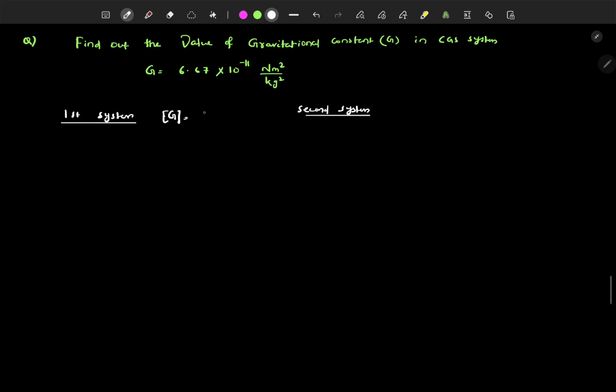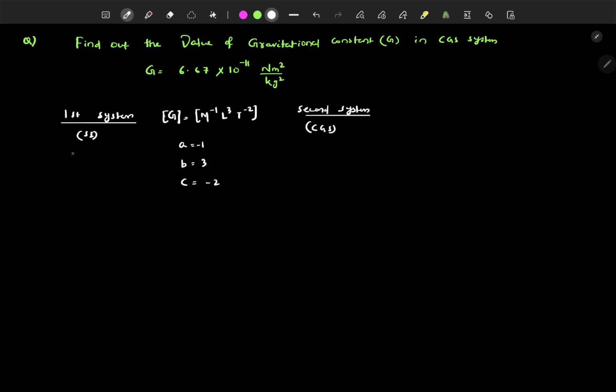So A is equal to -1, B is equal to 3, C is equal to -2. The first system is the SI system, and the second system is CGS.